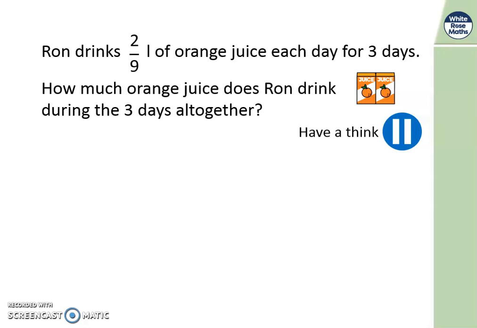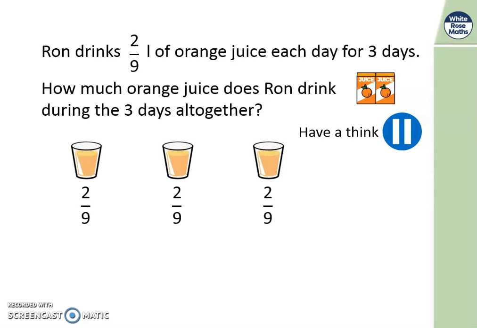Pause the video and have a think what you would need to do as a calculation. Let's draw that out. If we draw it out, one day he drinks 2/9, on the second day he drinks 2/9, on the third day he drinks 2/9, and I'm going to need to add all those together. And that would make 6/9 of a litre.